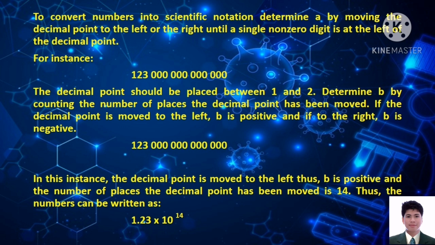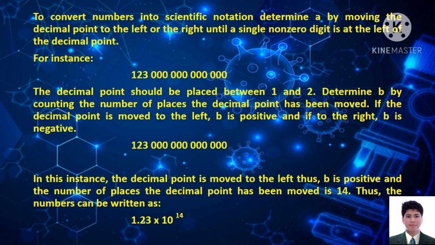To convert numbers into scientific notation, move the decimal point to the left or to the right until a single non-zero digit is at the left of the decimal point.